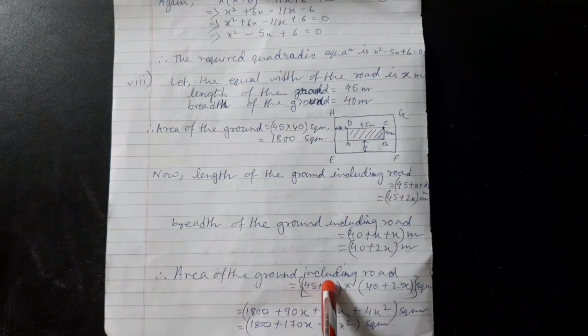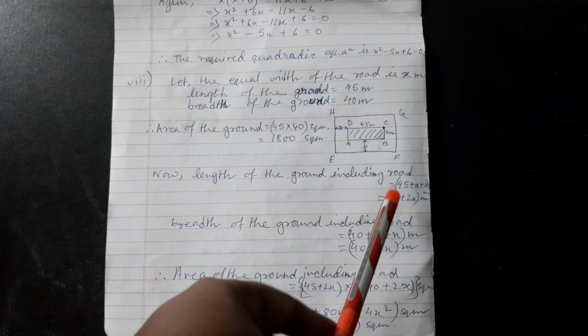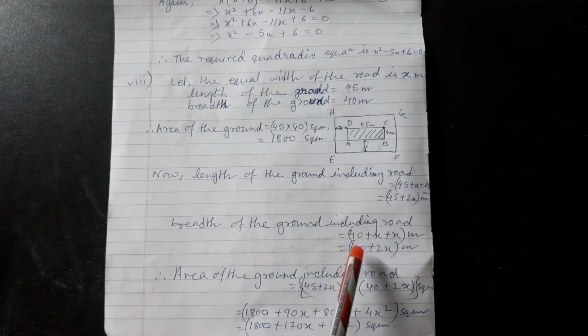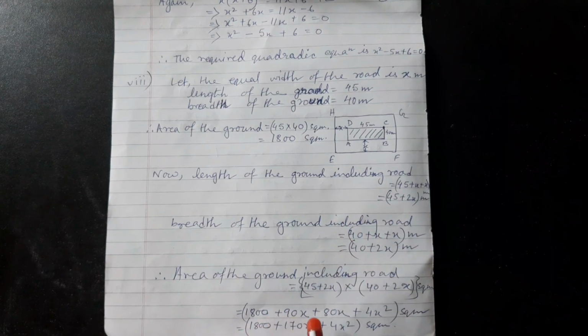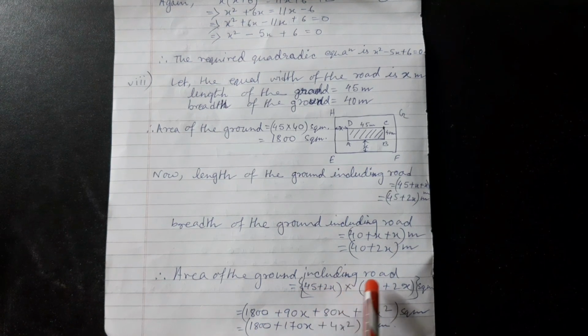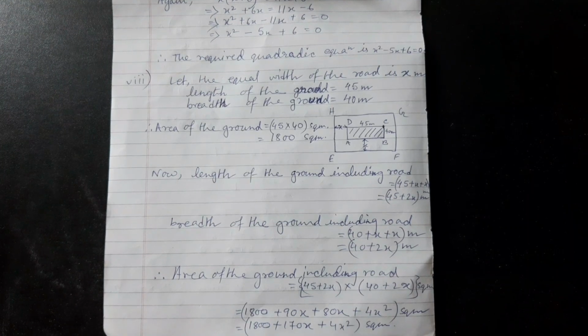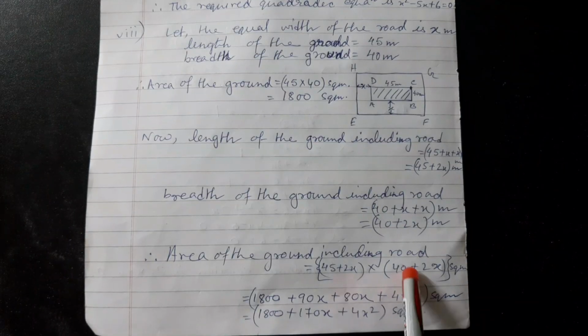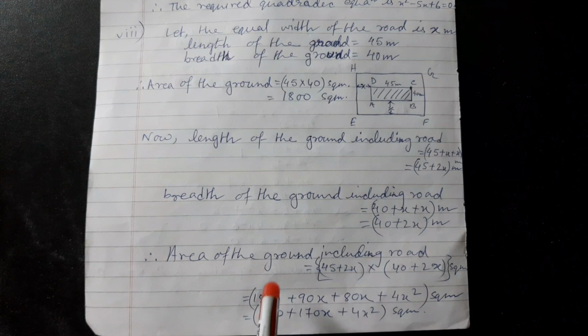So, the area of the ground including road is this length into this breadth, means 45 plus 2x into 40 plus 2x square meter. After multiplying these two quantities, we will get 1800 plus 170x plus 4x square meter.